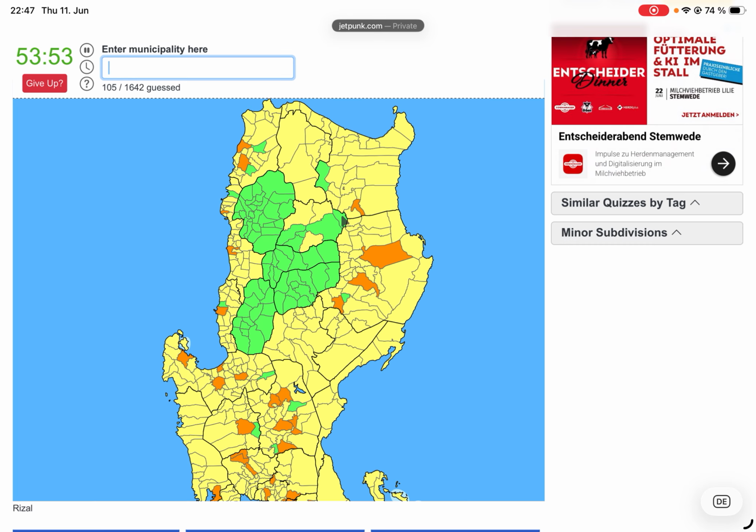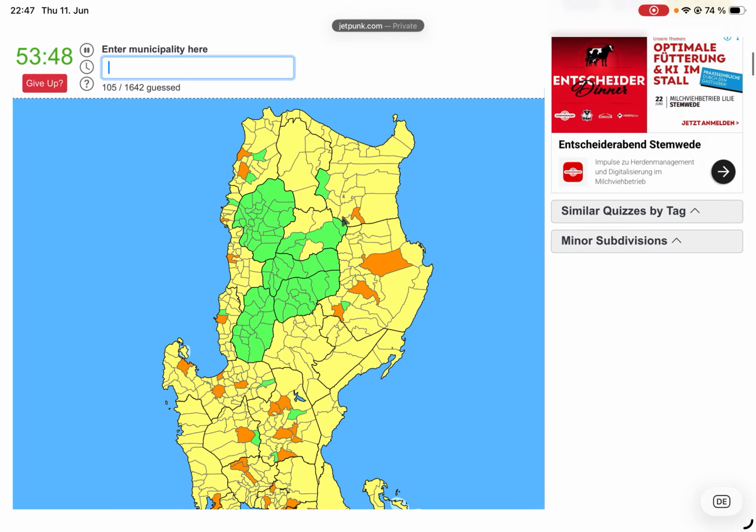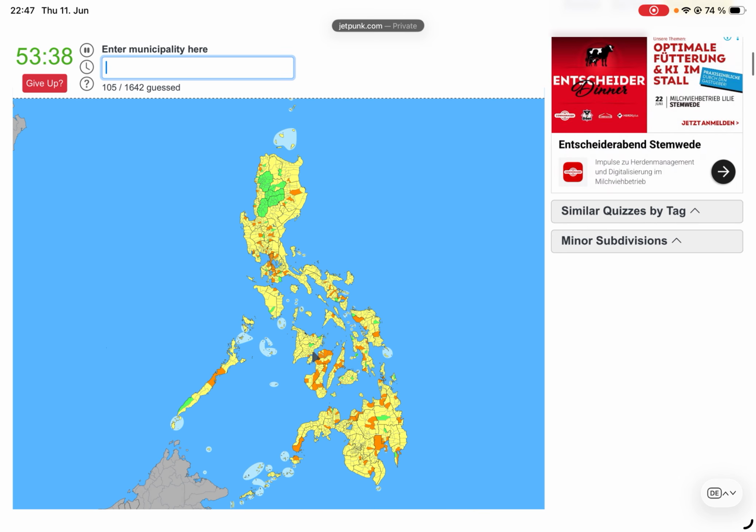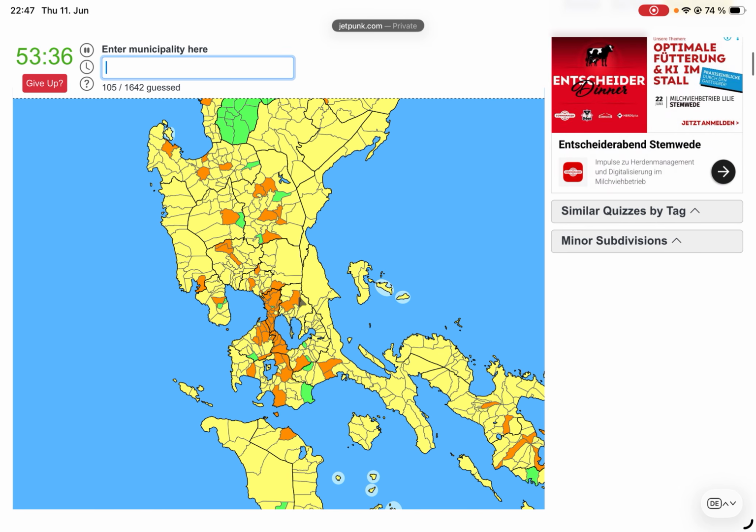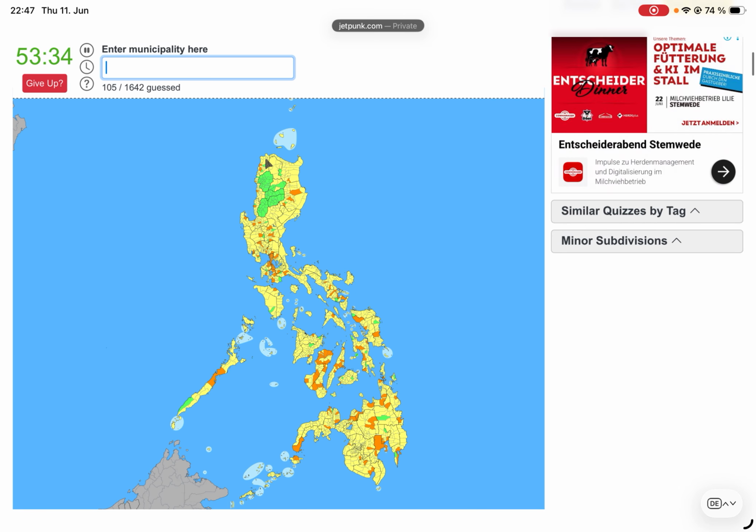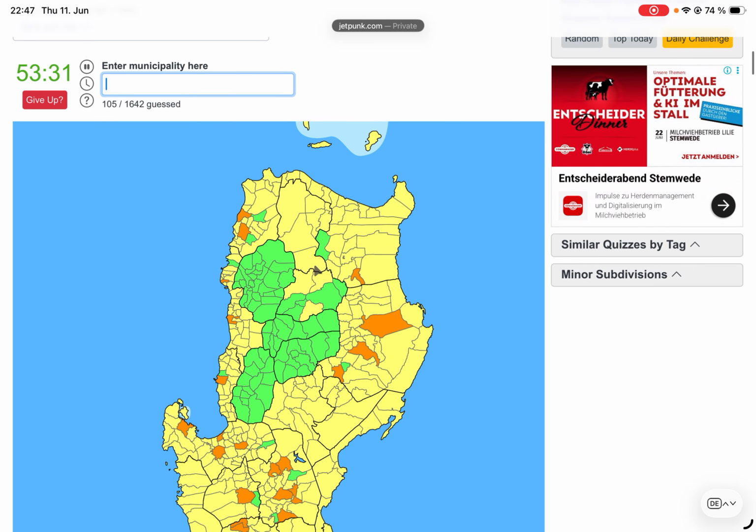Rizal is one of the national heroes of the Philippines.